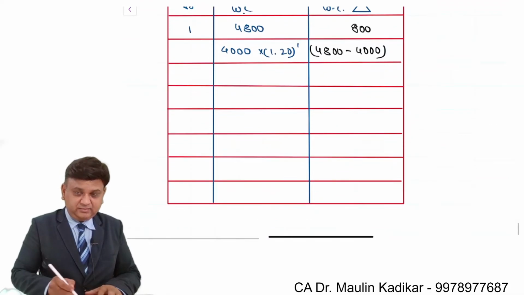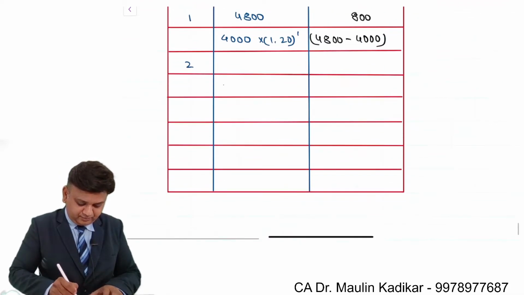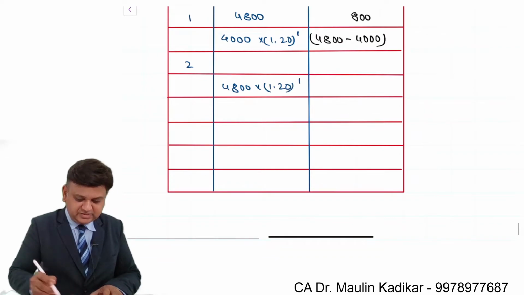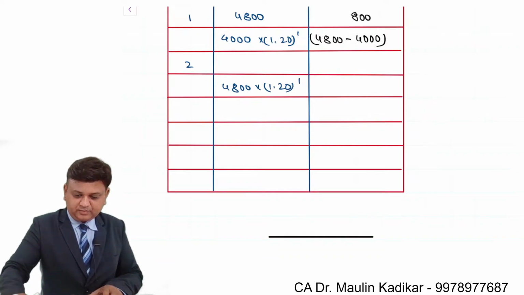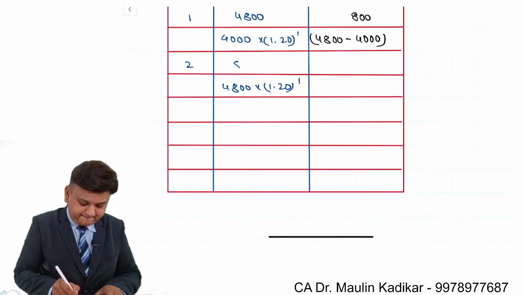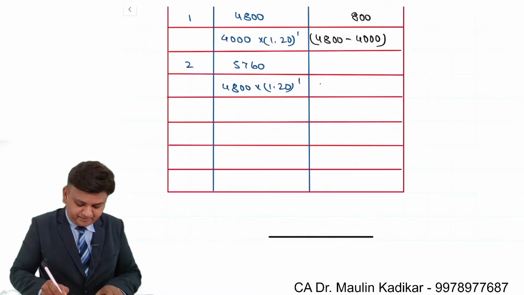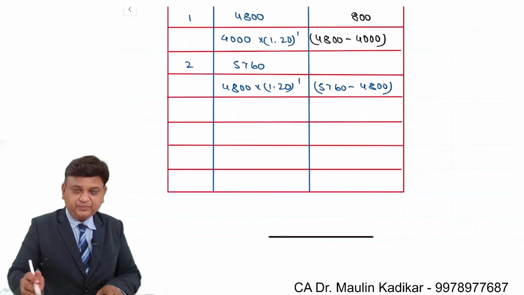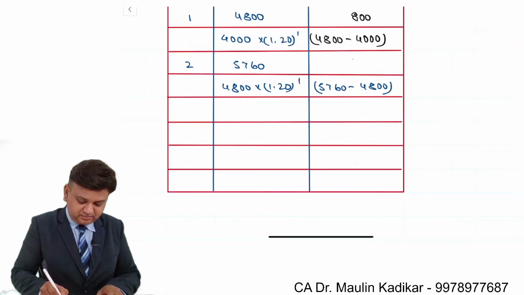In the second year, 4,800 into 1.20 raised to 1 once again, so that comes to 5,760 minus 4,800, that comes to 960.